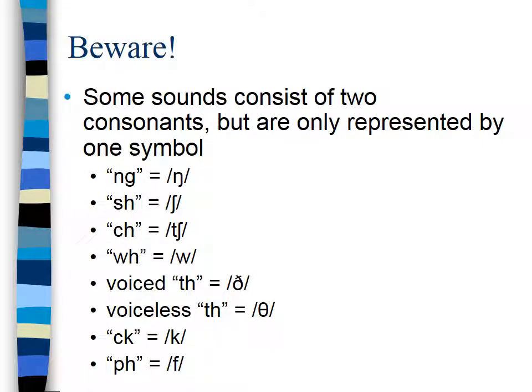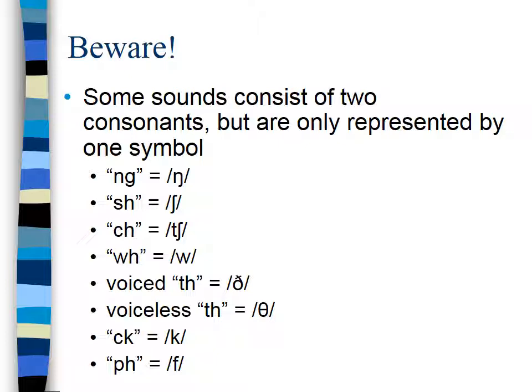Be very careful. Some sounds consist of two consonants, but they are only represented by one symbol. We've talked about this previously in our consonant lecture, that we may write things using two letters, but they produce one phoneme, one sound. So be very careful of those when you're doing your transcription. Your eyes can play tricks on you. When you look at a written word, you may have a natural inclination to write two symbols, two phonemes.